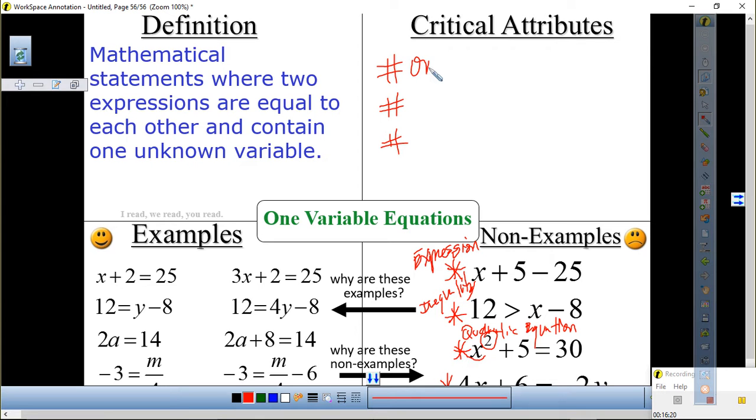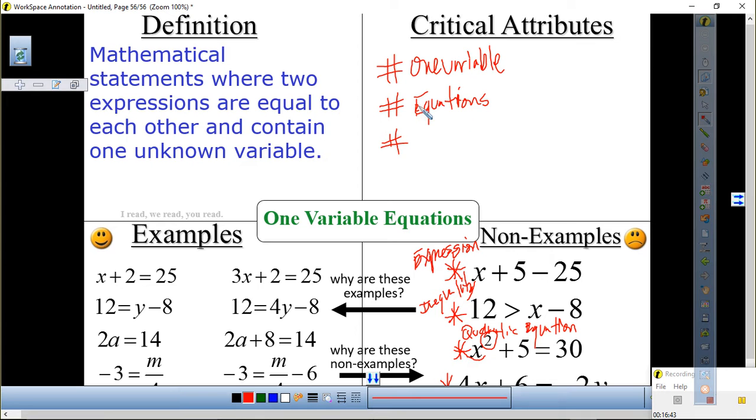Hashtag one variable. I got that. Caleb, what's another one? Equations.